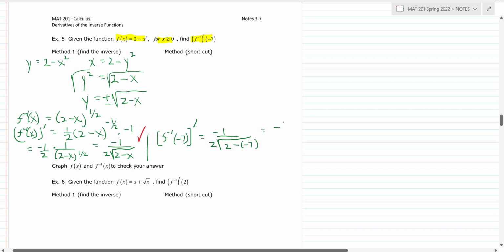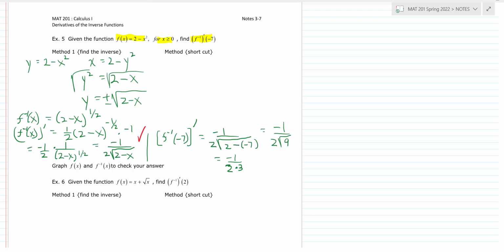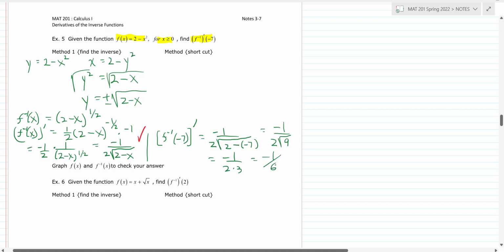That'll be -1 over 2 times the square root of 9, which is -1 over 2 times 3. So that's -1/6. So this is one way to do the problem, and that would be the answer if you wanted to do it that way.